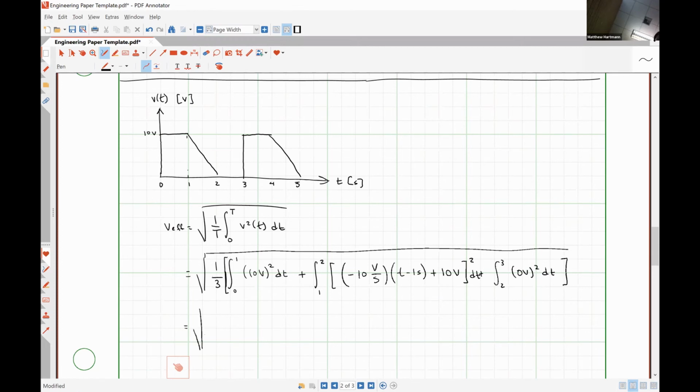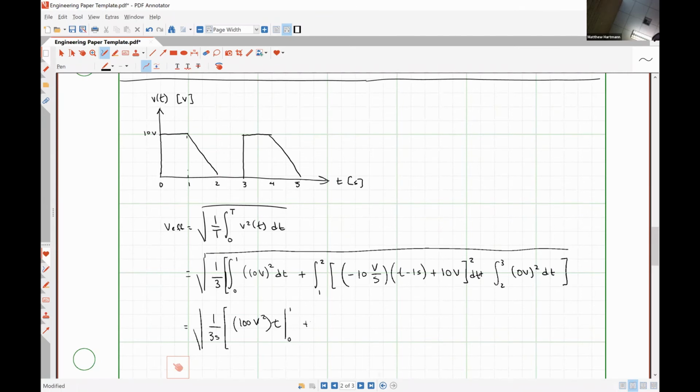All right, so this is going to give me the square root of 1 over 3 seconds. The integral of 10 volts squared is going to be what? 100 volts squared t, and then we're going to evaluate it at 1 and 0. Nothing too wild there.